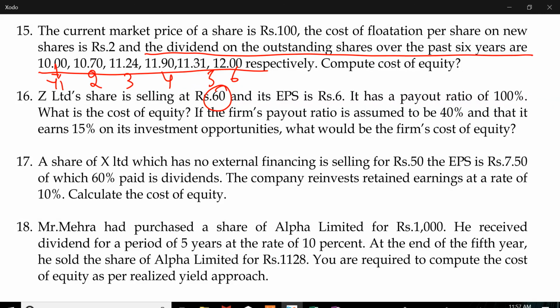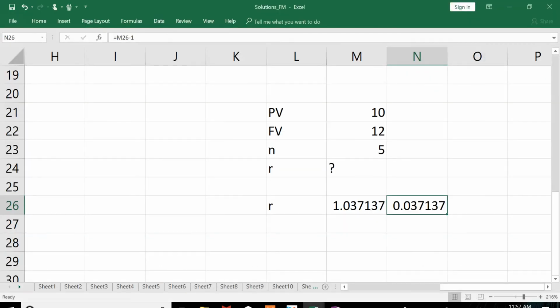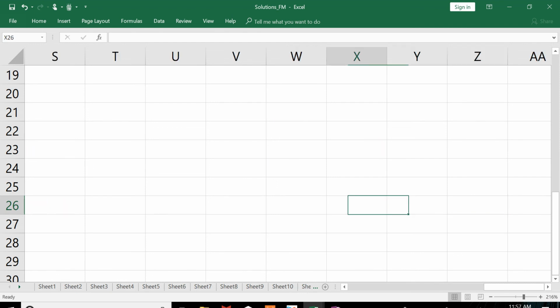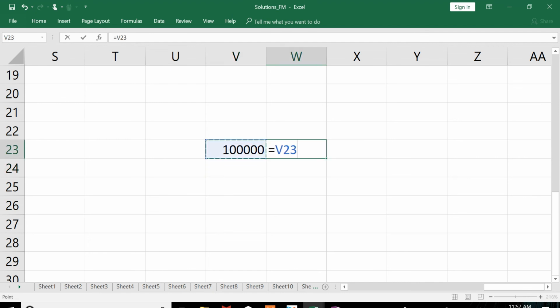I create a fixed deposit in a bank. When I create an FD in a bank, let's take this example. I create an FD of 1 lakh in the bank and the bank gives me an interest of 10%. I earn interest of 10,000.